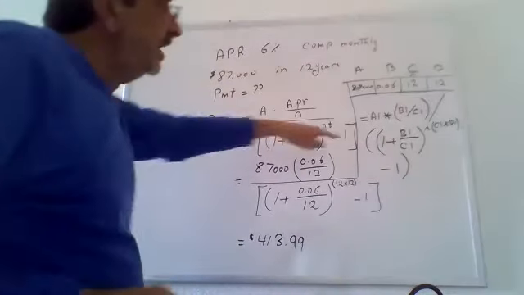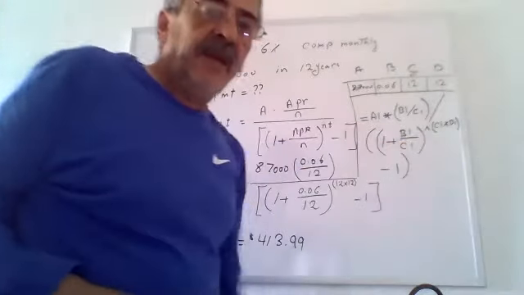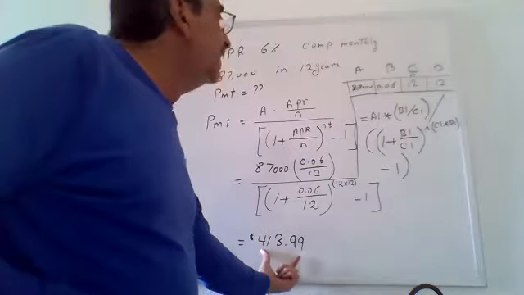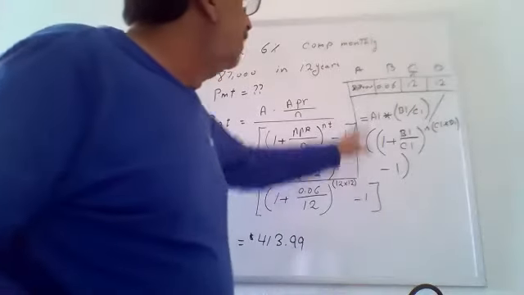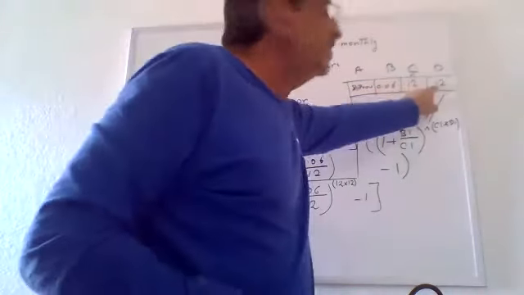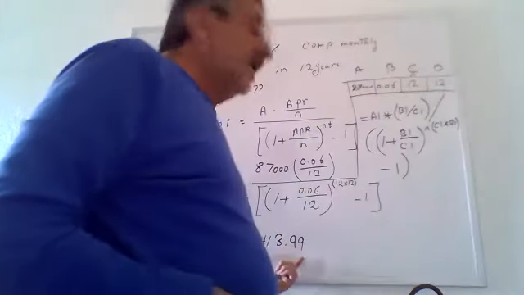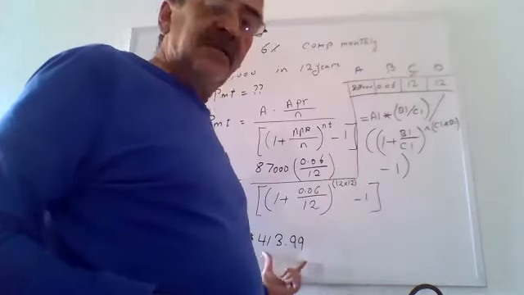This is exactly how you're going to enter it in that cell. Once you do that, it's going to give you 413.99. In the future, all you have to do is change those numbers to the new numbers given, and that will spit out the answer for you in whichever cell you put it in.